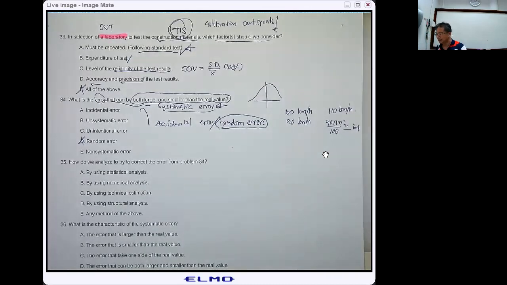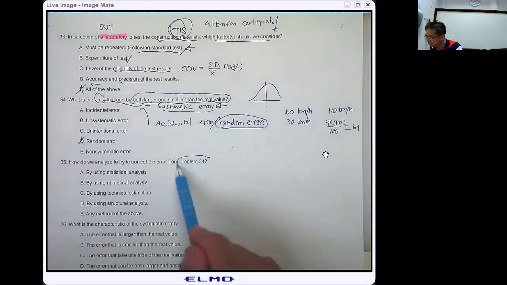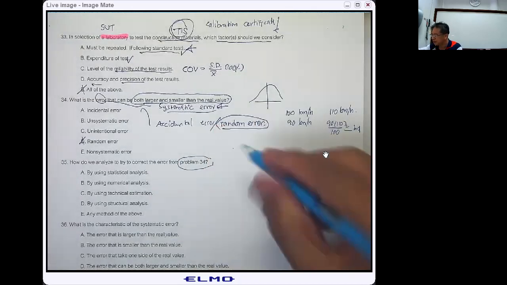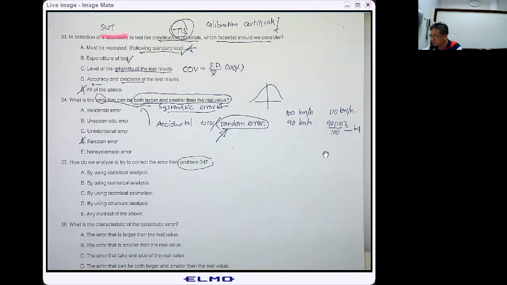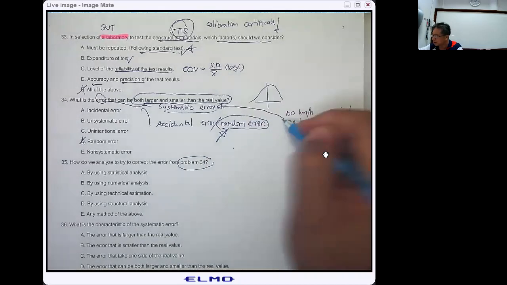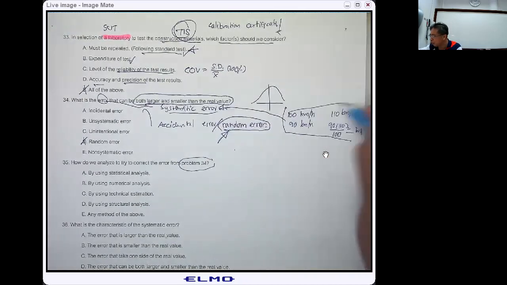Okay. Next, how do we analyze to try to correct the error of problem number 34? How can we correct this one? We are supposed to use what for the systematic error? We can do it by the proportion.